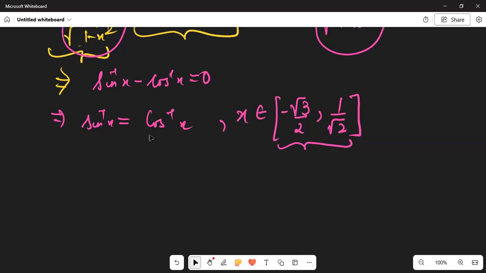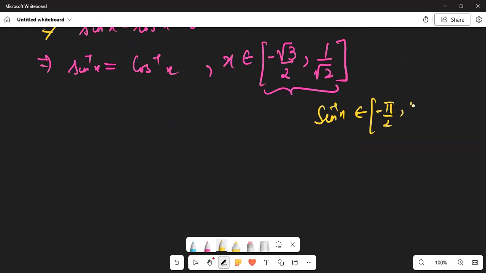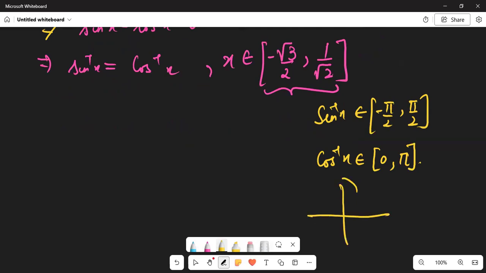Now, when are sin⁻¹x and cos⁻¹x equal to each other when x is lying in this interval? You know that sin⁻¹x takes values between minus pi by 2 to pi by 2, and cos⁻¹x takes values between 0 to pi.